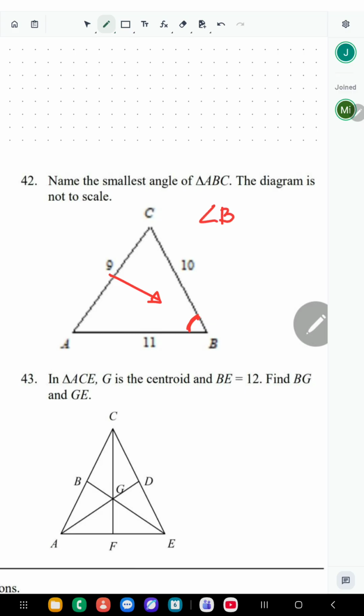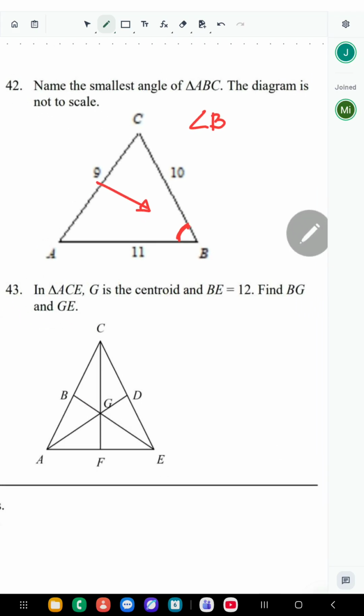In 43, in triangle ACE, G is the centroid, BE is 12, find BG and GE. So GE is longer than BG, right?